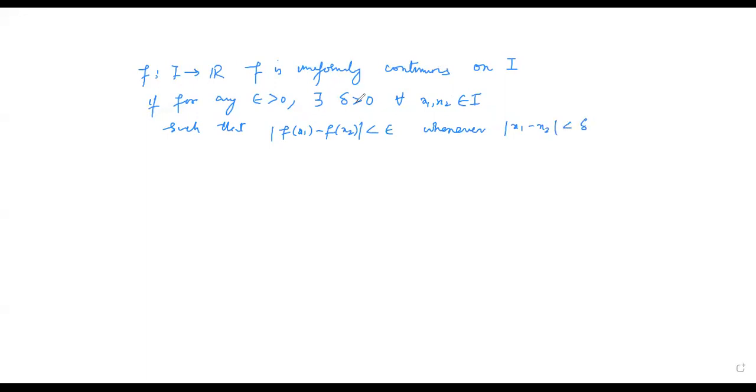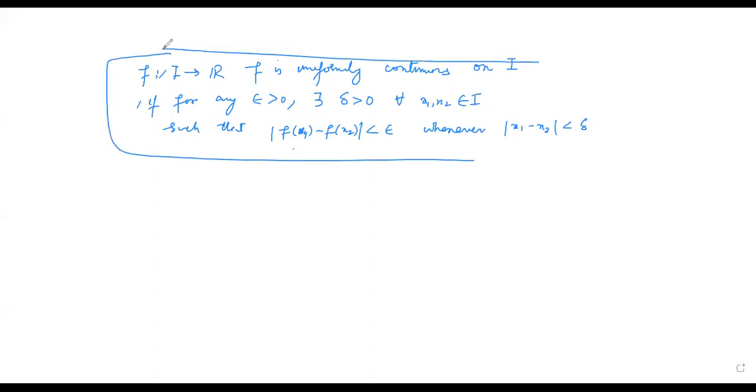Or in other words, we can choose this delta for any epsilon independent of the point at which we are checking this condition.